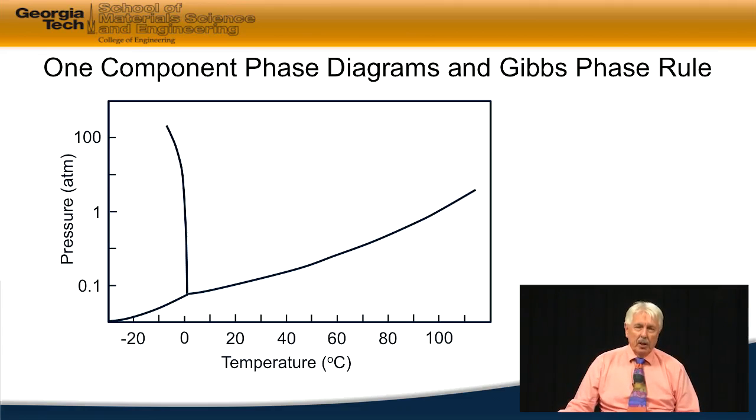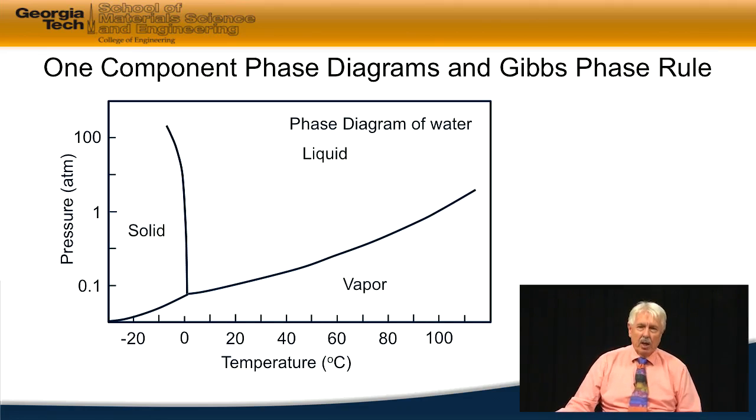So each one of these lines on this one component phase diagram represents a boundary that separates two regions, and hence these lines are two-phase fields. In the case that we're working with water, they're describing the variation with respect to the solid phase, the liquid phase, and the vapor phase.